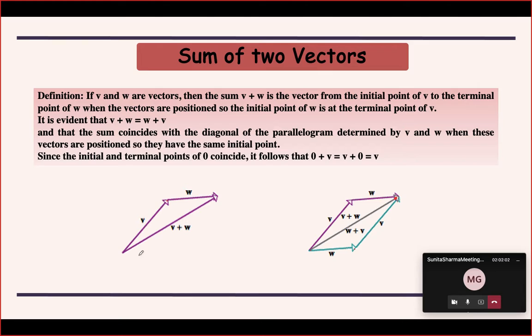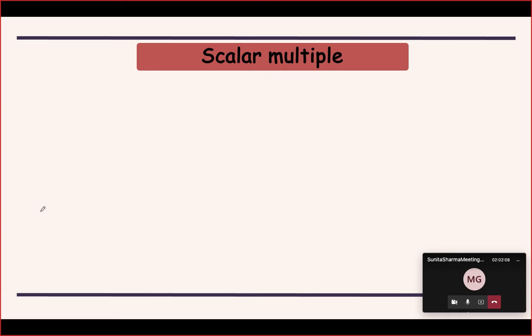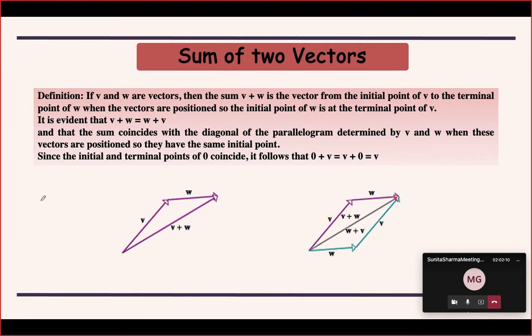Okay, so suppose, let me see if I have some examples. I'll just take up one example here. Suppose v vector is given by, I'll have to still come up, but suppose it has two components.